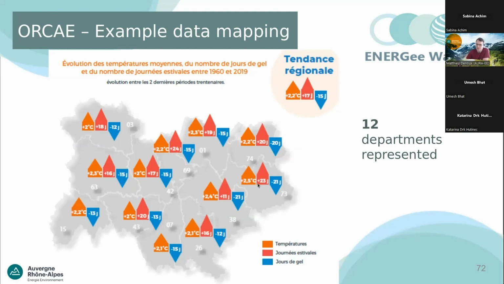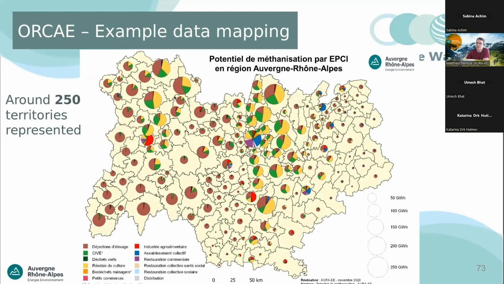Another map that we created is a map about the biogas use potential. So each group of cities is represented here, and each one has a graph between the different sources of biogas production.